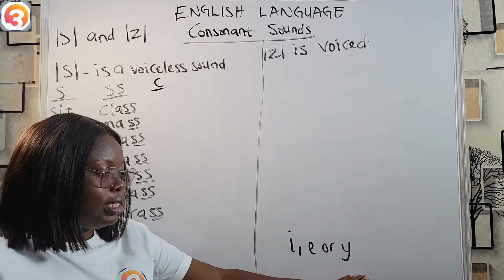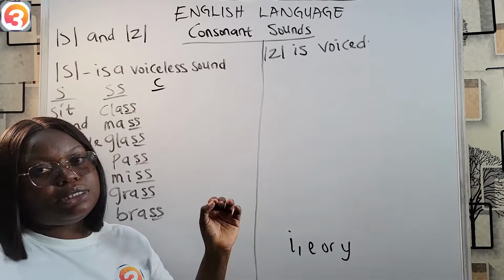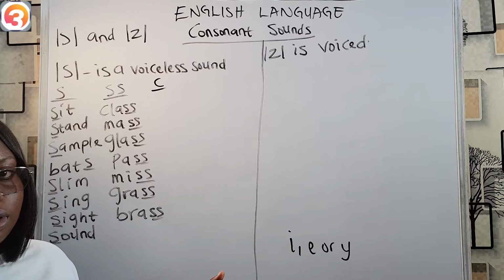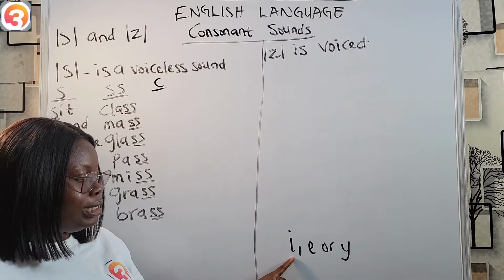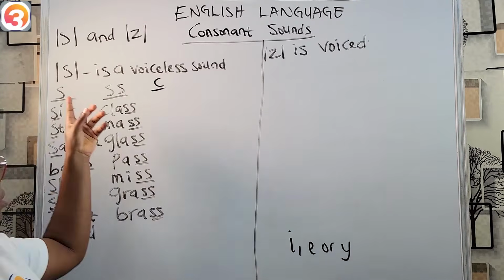If C comes before any other letter apart from these three, you pronounce it as K. We call that one hard C. But the letter C's that come before I, E, or Y are soft C's and they are pronounced as S.